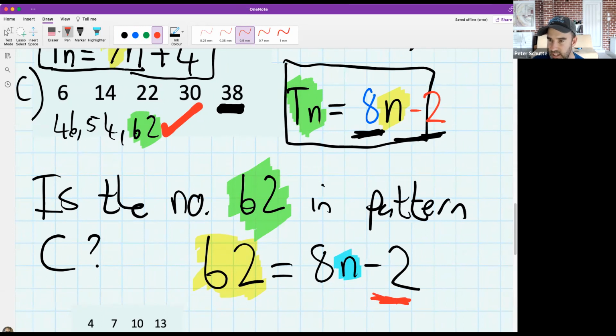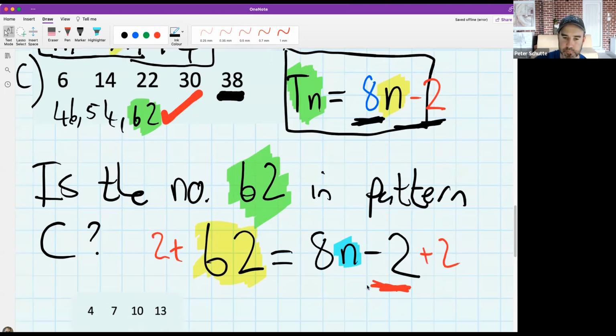I'd like to see in the chat, what do I need to do? Yep. So I'm going to solve it inverse. Not divide, I'm going to add 2 to both sides. So I'm going to go 2 plus and 2 plus, because that's the inverse process of -2.